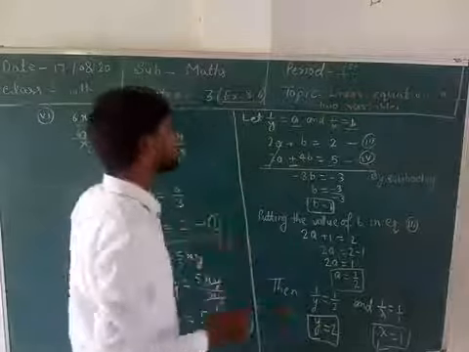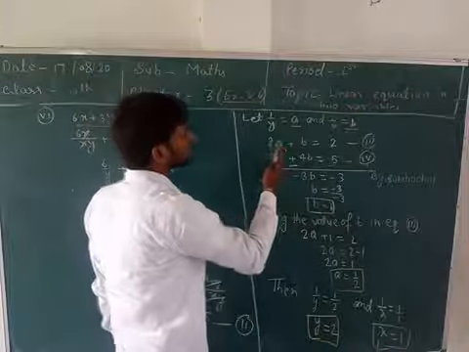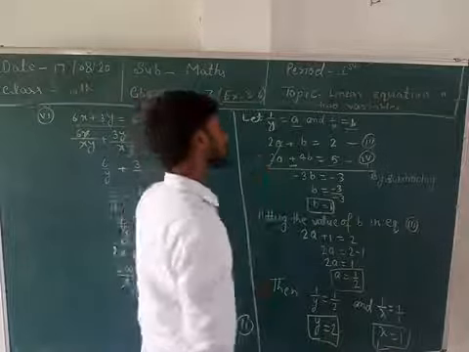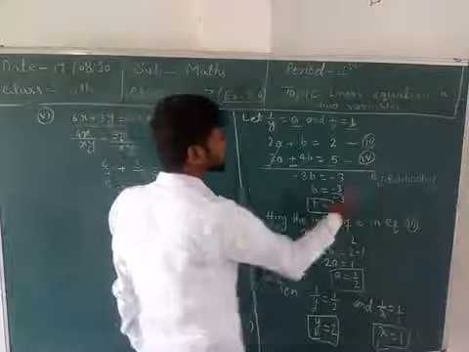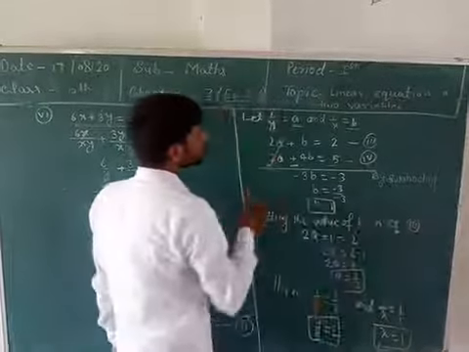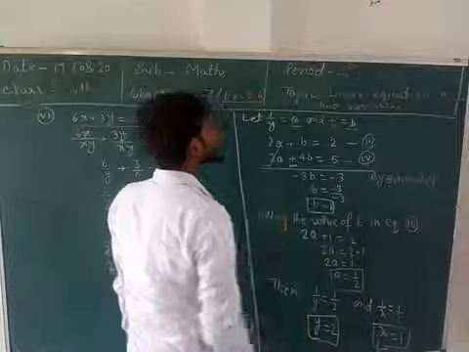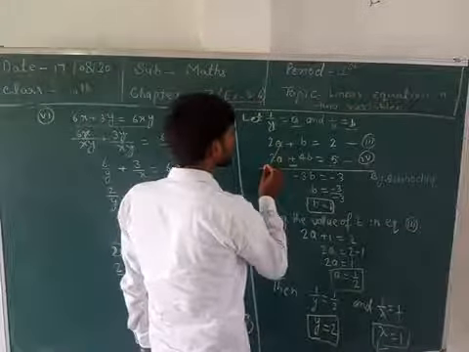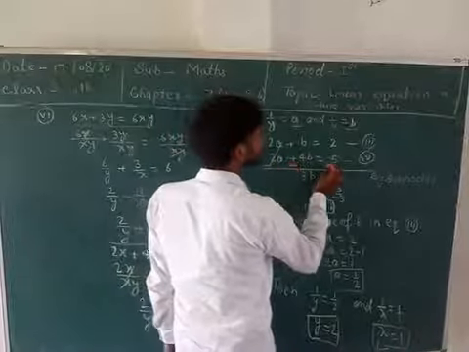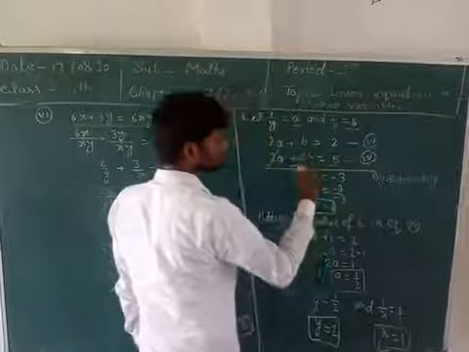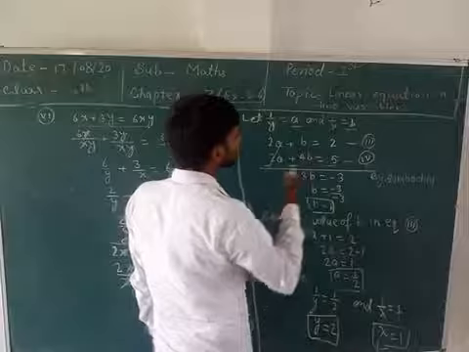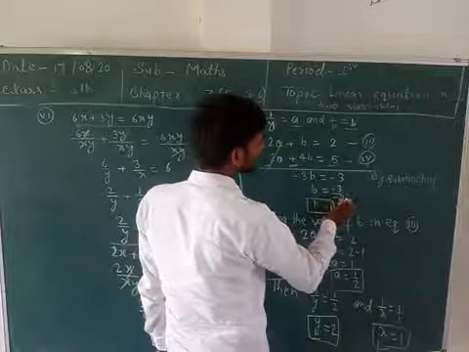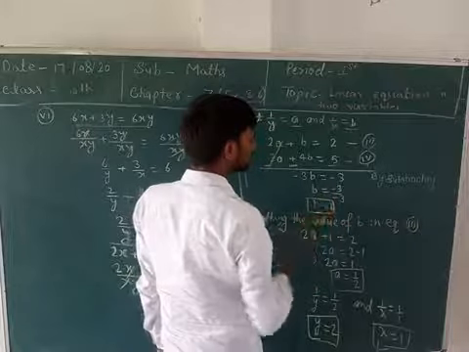Here we see that the coefficient of a is the same and the sign is also the same, so by subtracting, a is eliminated. By subtracting we change the sign, then we get minus 3b equal to minus 3, then b equal to minus 3 upon minus 3, then b equal to 1.